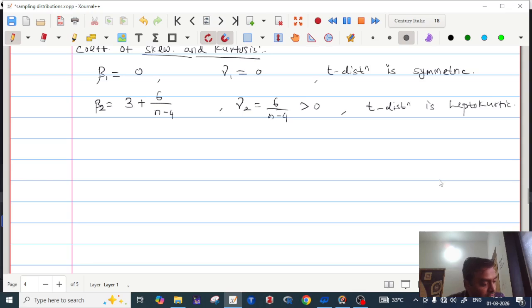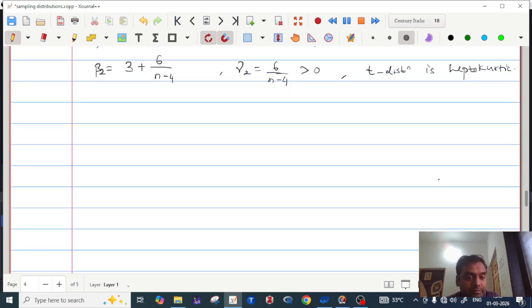The next concept is the limiting distribution of the t distribution.